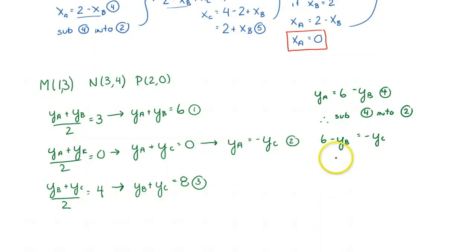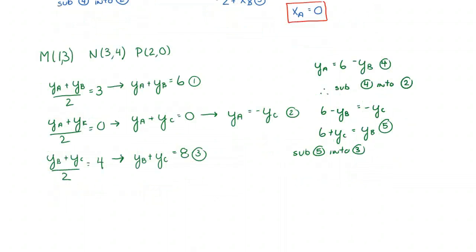So therefore, a little rearrangement here, and let's say 6 plus yc is equal to yb, and let's call this equation 5, and let's sub 5 into 3. So we get 6 plus yc plus yc is equal to 8. So 2yc is equal to 2, and therefore yc is equal to 1.